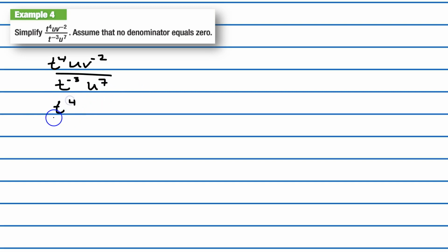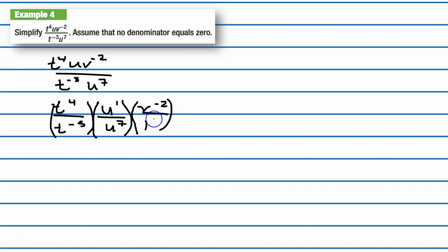T to the 4th divided by t to the negative 3. u to the first power divided by u to the 7th. And there's only one v, so v to the negative 2. You can put that over 1 if you need it. So notice, remember, we all have the division signs underneath it. So we can do this.